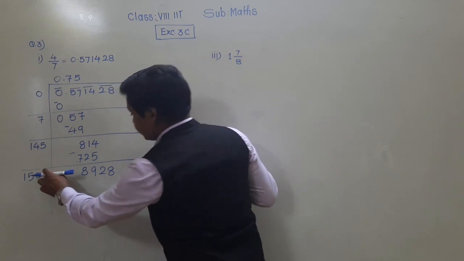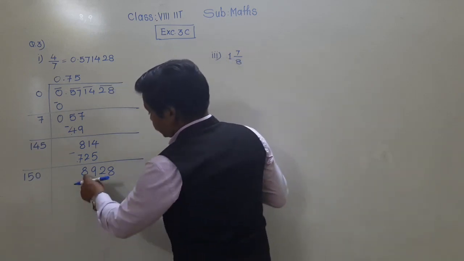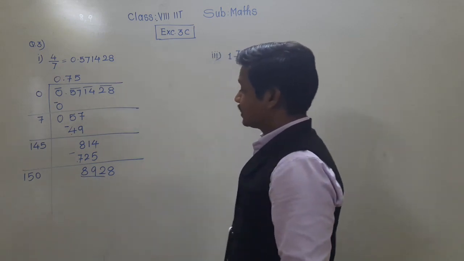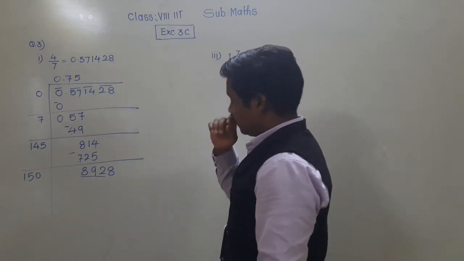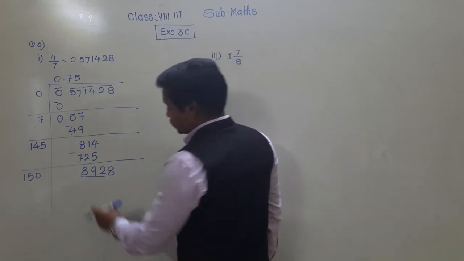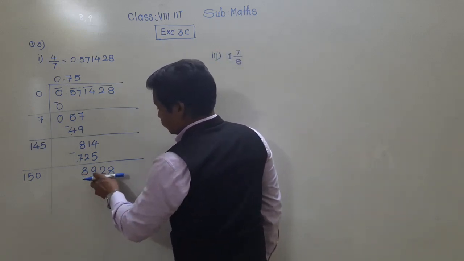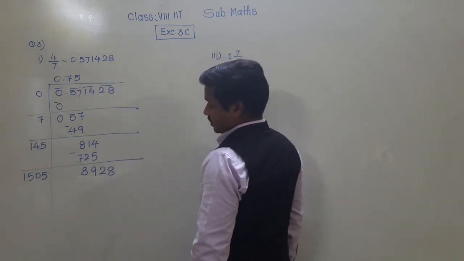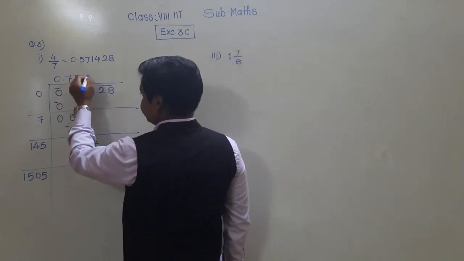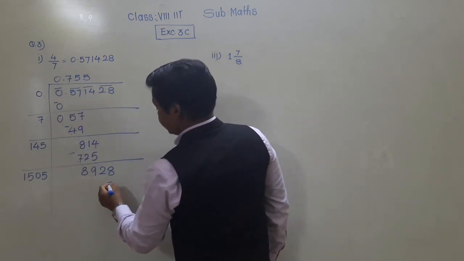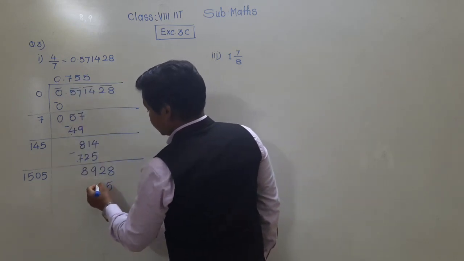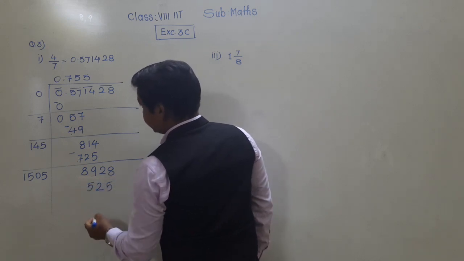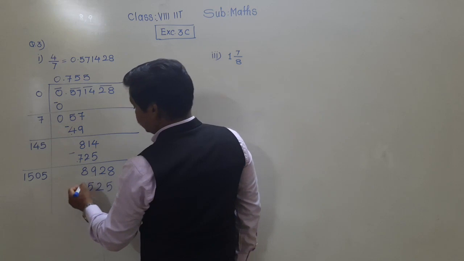Now we have to put a digit after 150. Here the number formed by the first 3 digits is 892. If you divide that by 150, approximately you will get the digit 5. Let us check whether we are getting it by 5. If you put 5 here, then 5 5s are 25, 2 carried, 5 0s are 0 plus 2, 2, 5 5s are 25 again, 2 carried, 5 1s are 5 plus 2, 7.